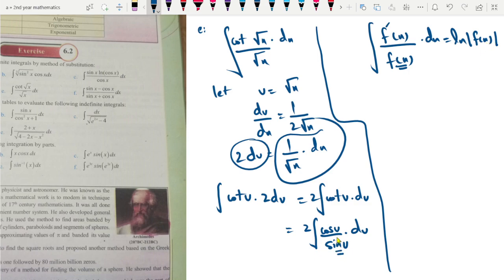This is sin u and this is cos u. When you take the derivative of sin u, you get cos u.